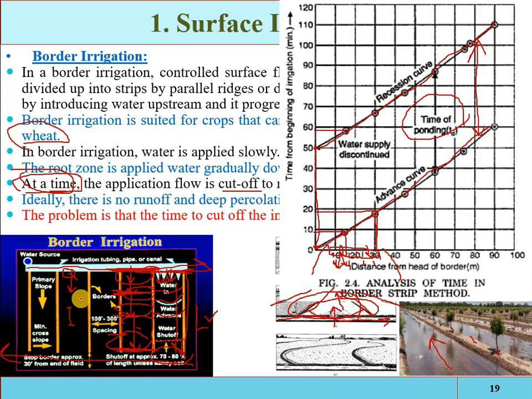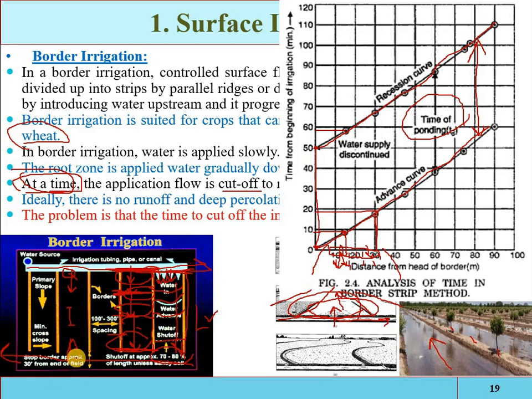The relation between size of stream, time, and rate of water application over a given area of land can be most easily stated by means of a rational equation. The discharge rate and the time of application depend on the rate of infiltration. For example, we have a border of area A, the length of the border multiplied by the width of the border.